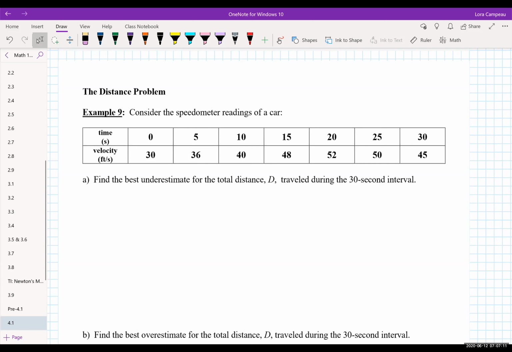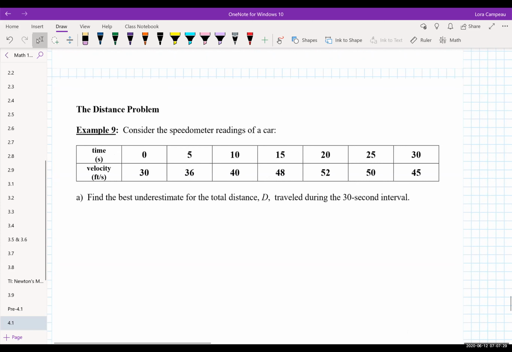They tell us times in seconds, velocities in feet per second. Instead of X's and Y's, we have things in terms of T's and V's, and this perhaps makes a little more sense. I believe that time is your independent variable.